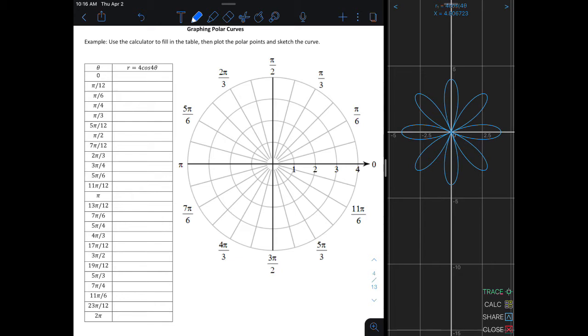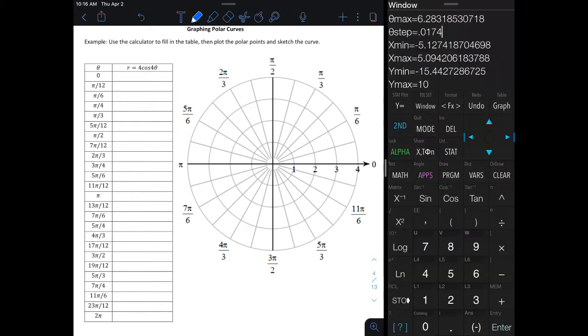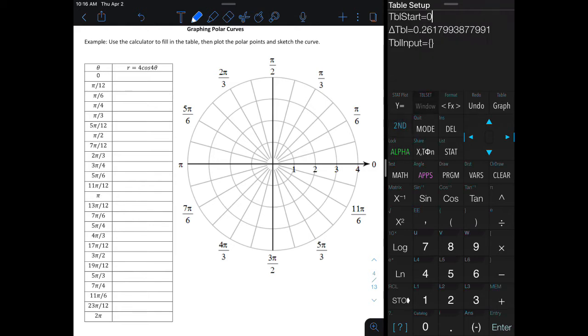To get table values, I can go to my table settings, so second window. My table start is at 0, just like the table that we have on the left hand side, and the step size is pi over 12. So I'm going to type in pi over 12 and enter.